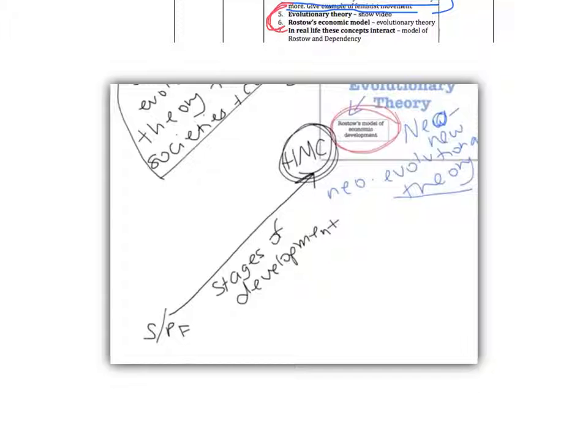And Rostow's argument is that given the right conditions in these stages, all societies will develop along this same course, along this same timeline, and end up at the same place of high mass consumption utopia.